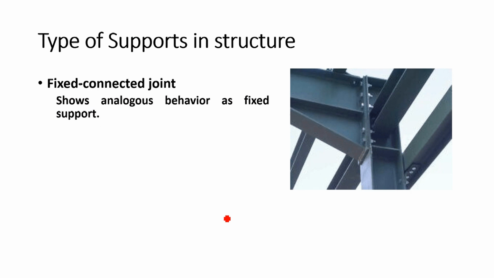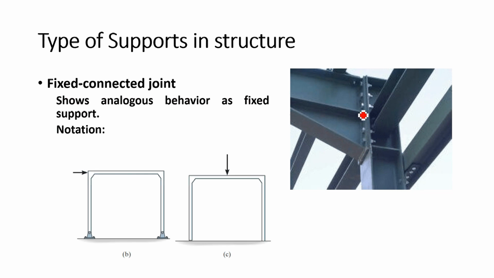Okay, so let me come to the fixed connected joint. Similar to the pin connected joints, here you will get restriction for rotation as well. So this is the notation we are using. You can see this is pin support. Pin ended columns, you will get fixed connected joints. It's possible, right?